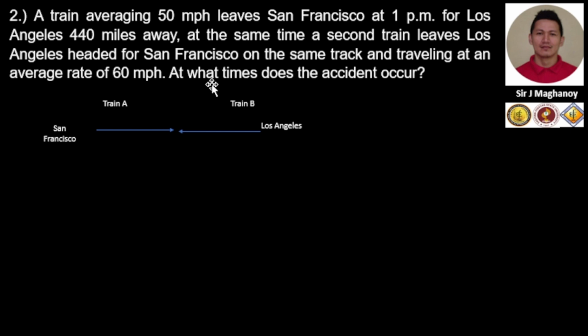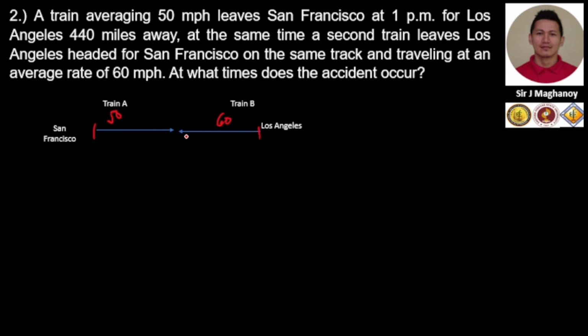Okay, so first we have our first train, train A, traveling at 50 miles per hour, and the second train, train B, at 60 miles per hour. The distance from San Francisco to Los Angeles does not change.